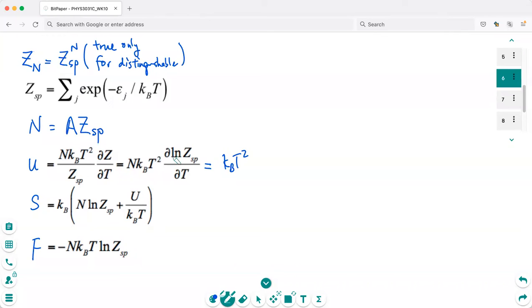So you can move it inside the derivative and then raise it to the power of n for the single particle partition function. So this can be rewritten as this log. It's beautiful. That is to say, it doesn't matter how you look at it. You can look at it as a system. You better get the same internal energy. It's the same system, right? Good news.